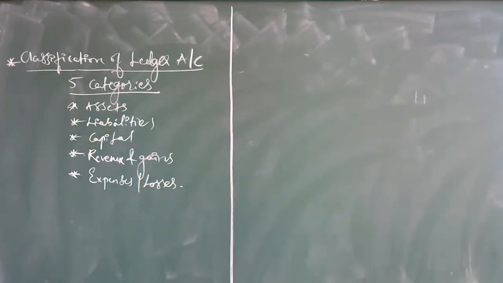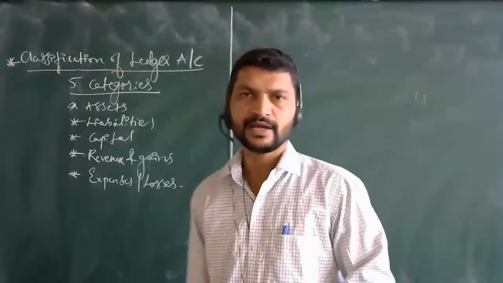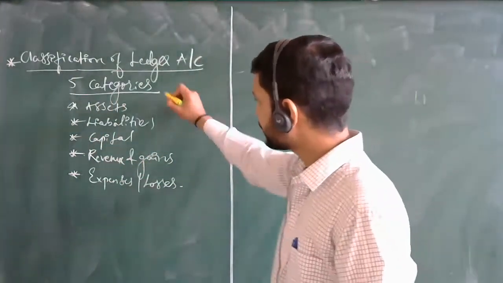So these are the categories where you are going to classify the ledger accounts. The 5 categories are there.